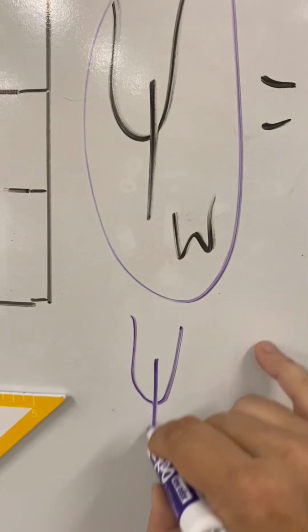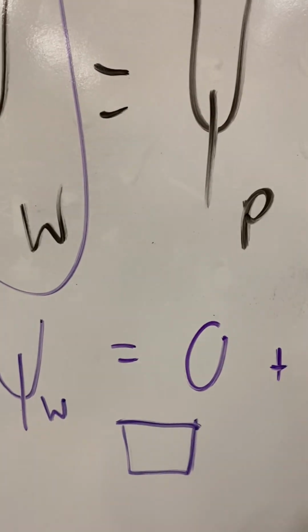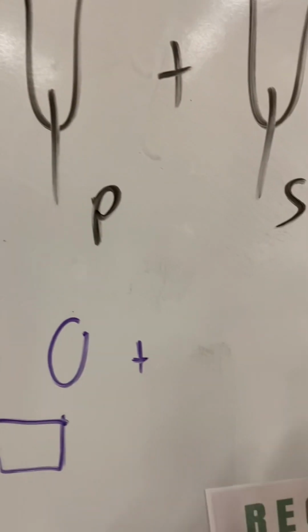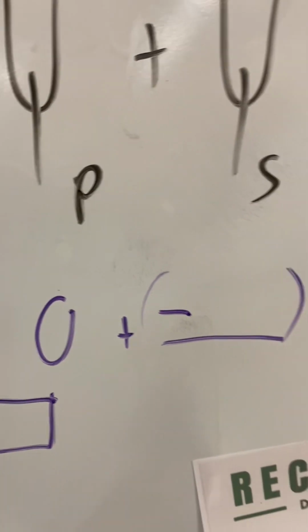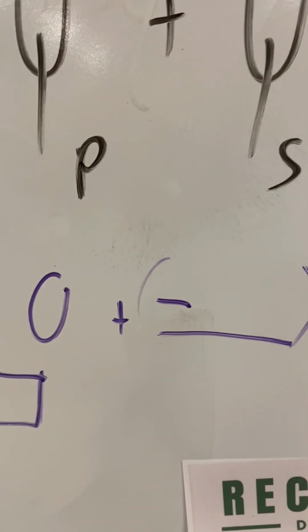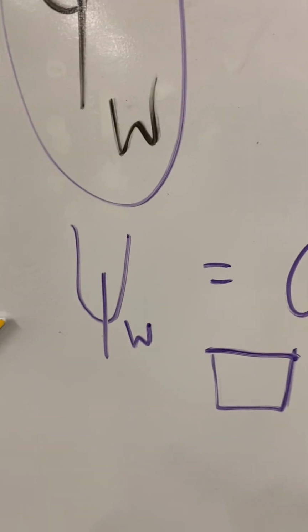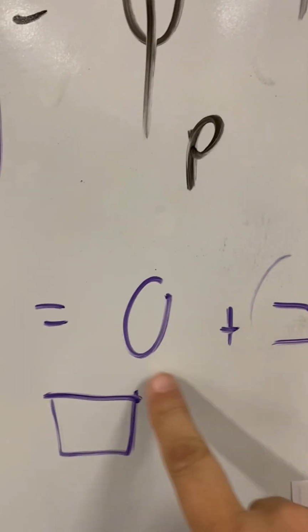So then your water potential equals 0 plus the solute potential that you calculated, whatever that number is, and this is a negative number. And if you add a 0 to any number, it's just still that same number. So your water potential is the same number as the solute potential you just calculated, because we're only adding 0.